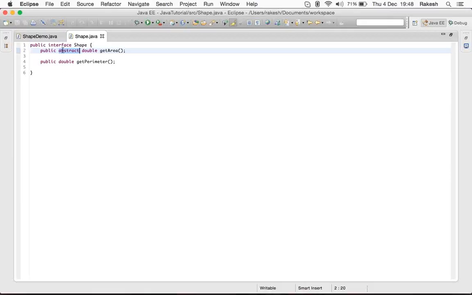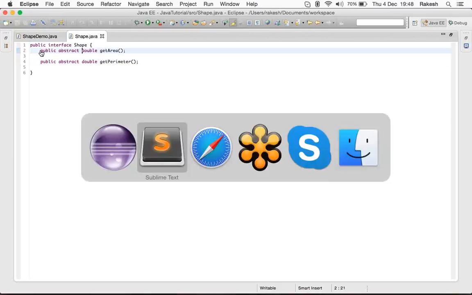By default, every method in an interface is public abstract. So even if you don't specify it like this, the compiler will automatically, internally, when you create a .class file, make this change. Okay. So by default, every method in an interface is public abstract.